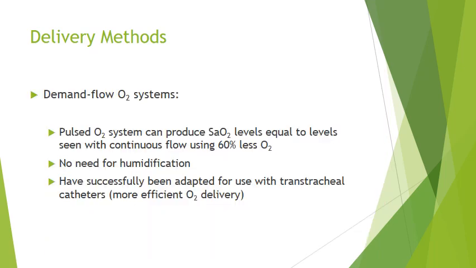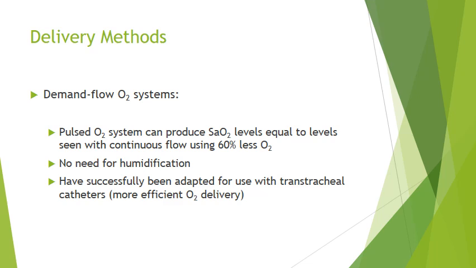With the demand flow O2 system, the pulsed O2 system can produce an SaO2 level equal to the levels seen with a continuous flow using, of course, 60% or less O2. The pulse dose cannot be used for someone who has high oxygen needs.